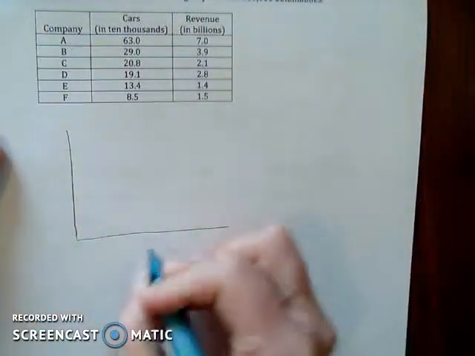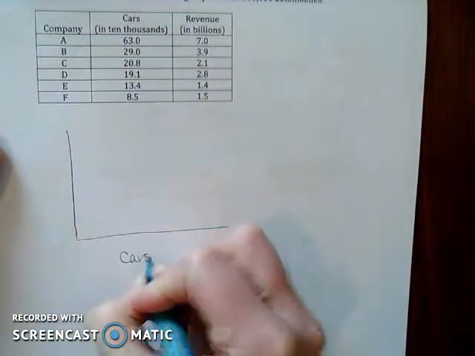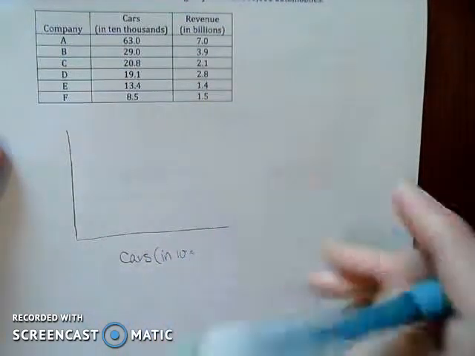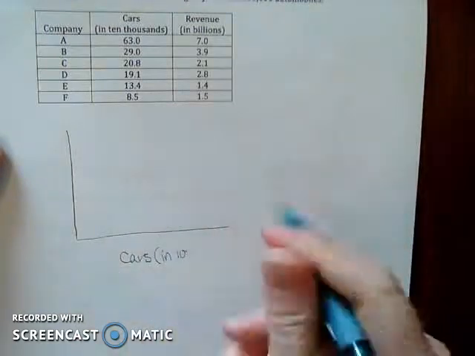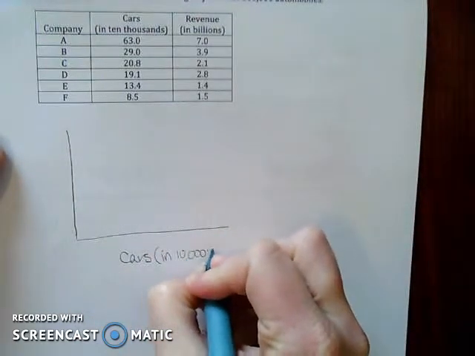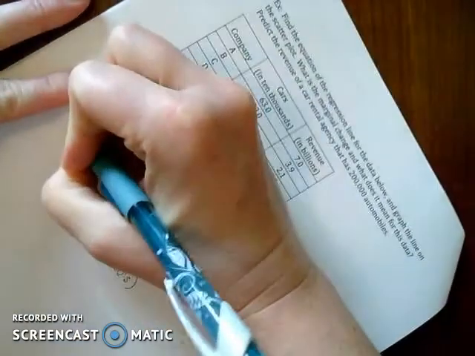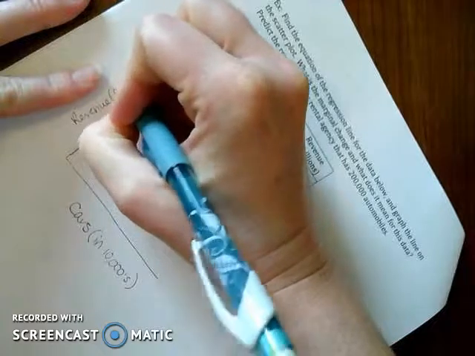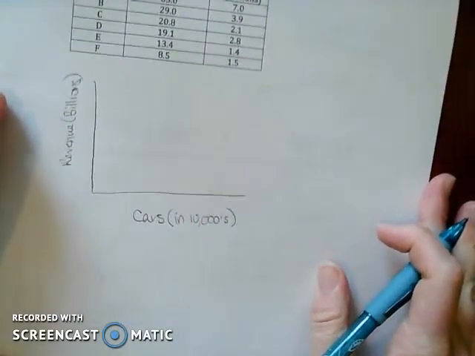So for your scatter plot, again, we're going to put cars on the bottom, and it's very important to put in 10,000s. And this is revenue in billions. Right?